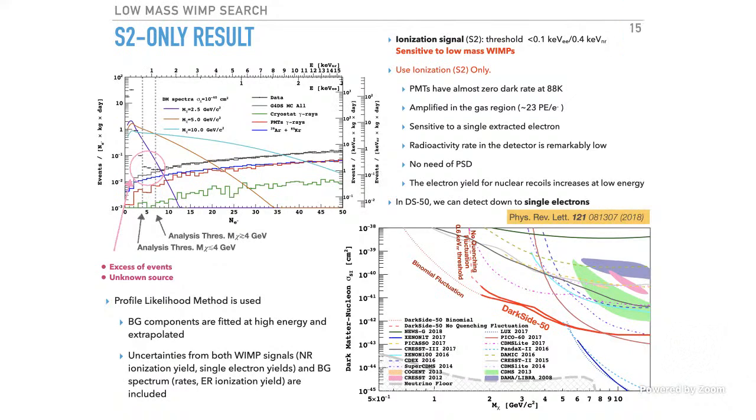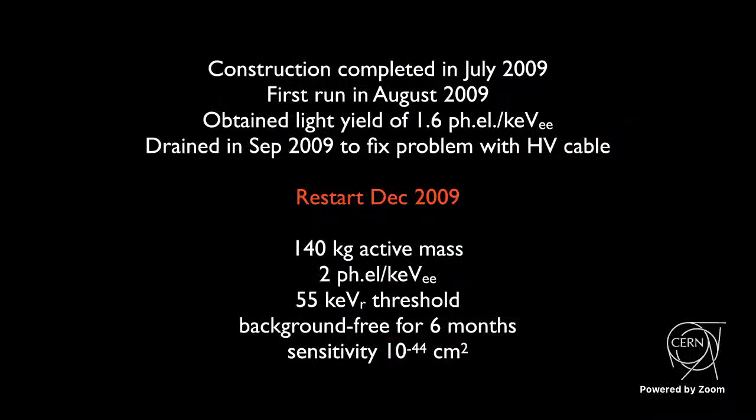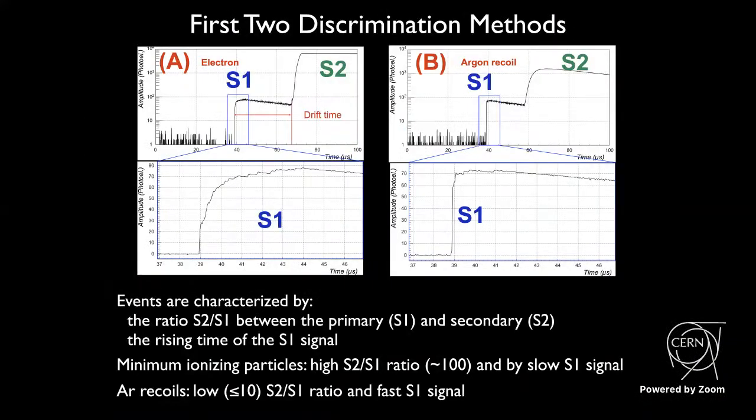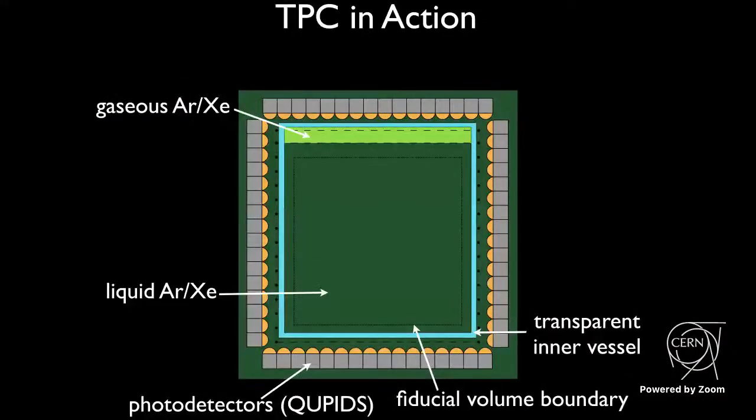Hi, I have a question about the photosensors. In the first lecture, you said that silicon PM is the future, right? But DarkSide-50 is using PMTs. I imagine that at the time the silicon PM technology was not yet ready.